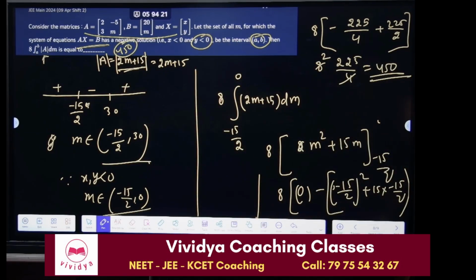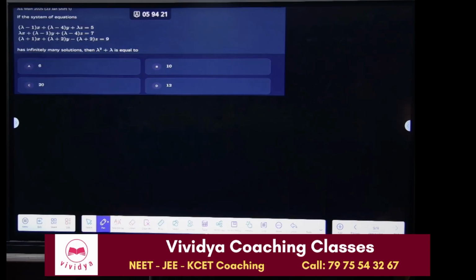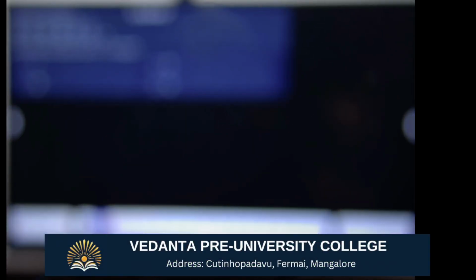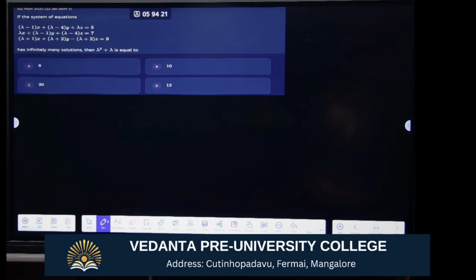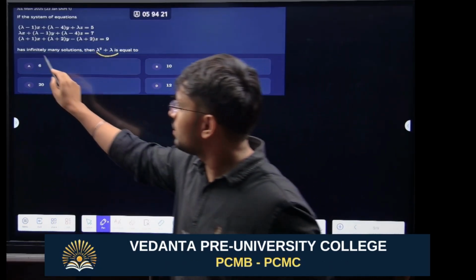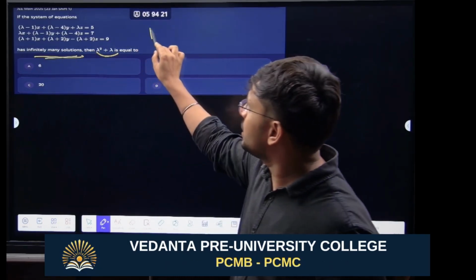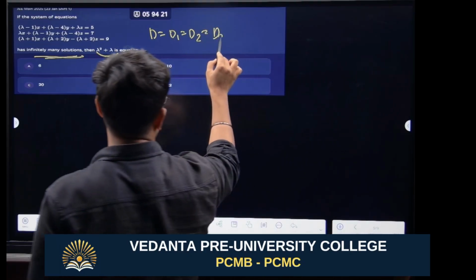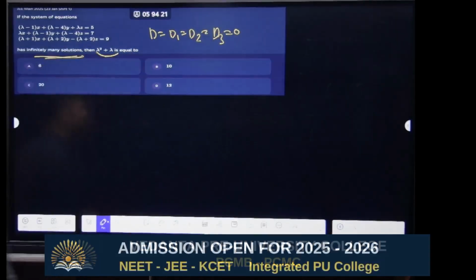Clear? Now let's go for the last question. If you see, the last question is given in terms of lambda, and again here it is given infinitely many solutions. Then you have to find the value of lambda square plus lambda. Now if infinitely many solutions, it means D, D1, D2, D3 all will be equal to 0.